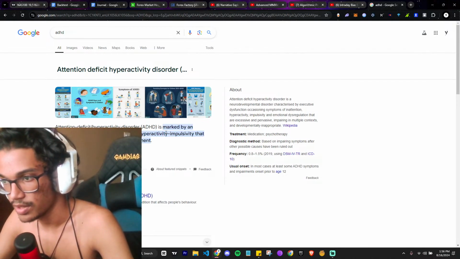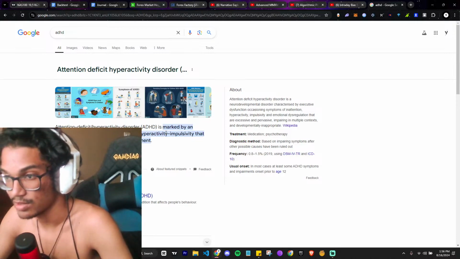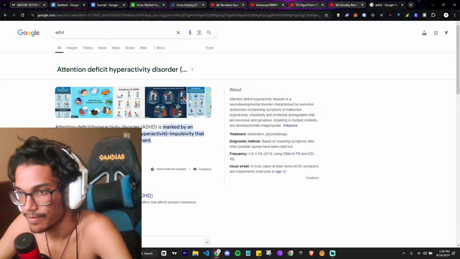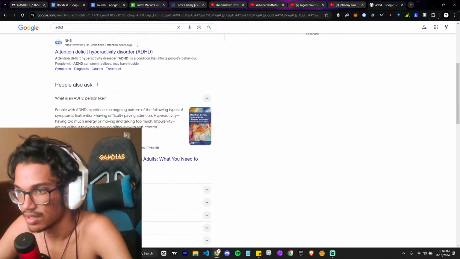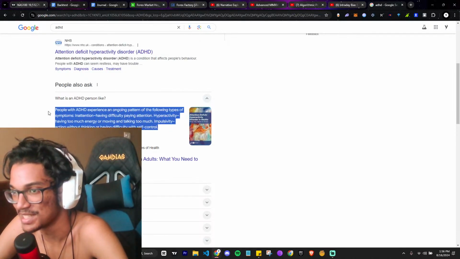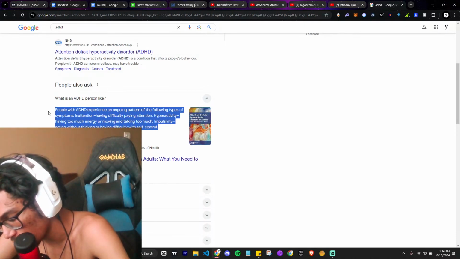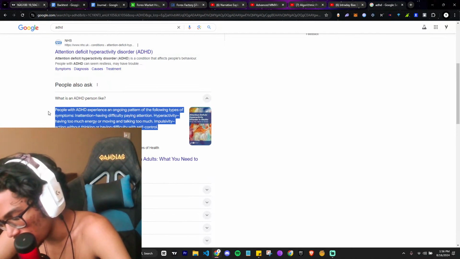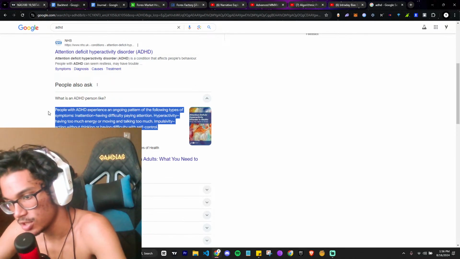Oh, it's marked by an ongoing pattern of inattention or hyperactivity, impulsivity, that interferes with functioning or development. I don't get it. Damn, why is this describing me? Let's put depression. What would be the best way to counter the effects caused by mental health issues? This is just opinion based, isn't it?